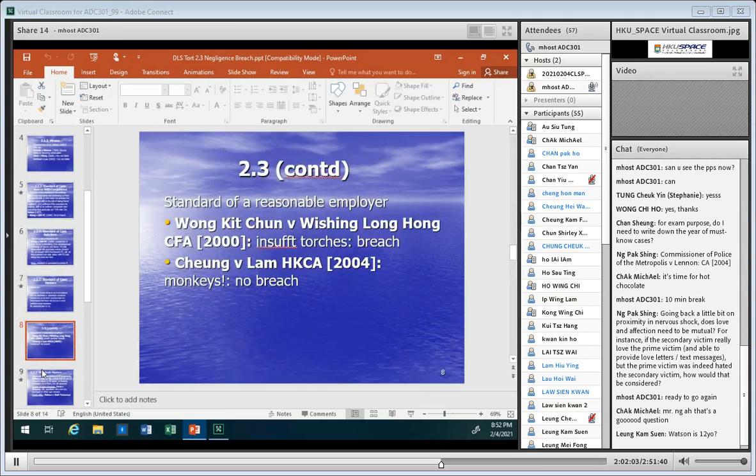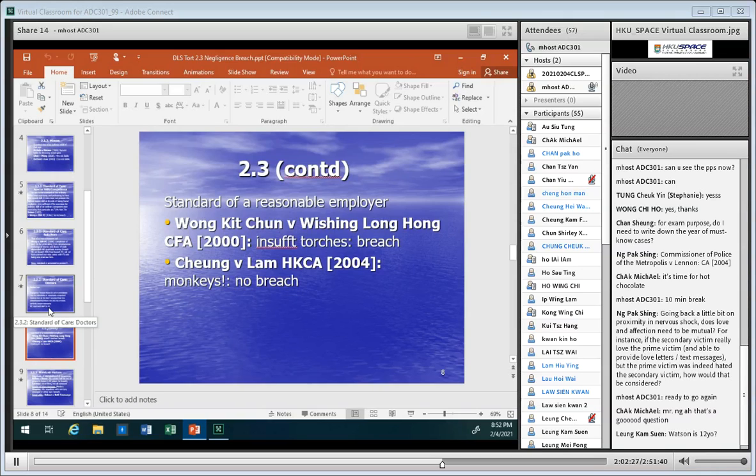Also, an interesting case, and this is one we're going to come to later. What is the standard of care of a reasonable employer? Good question. Well, in Wong Kit Chun and Wishing Long Hong, a very important case because it is a case on two separate issues.